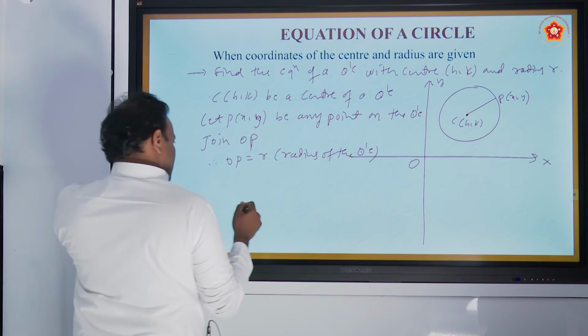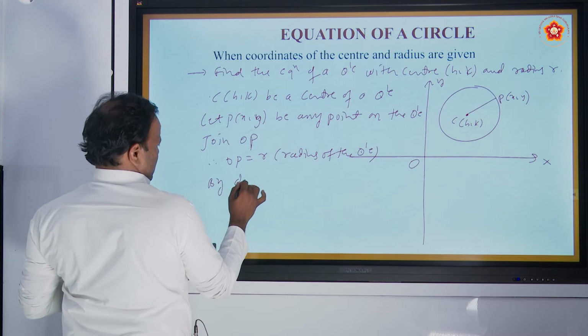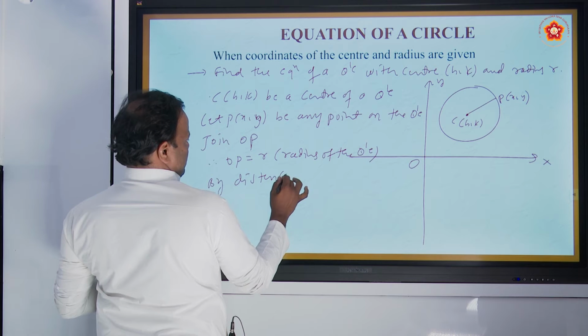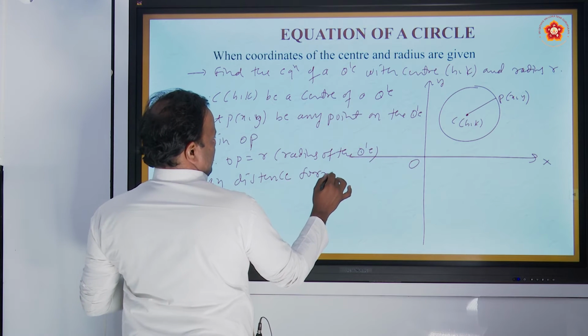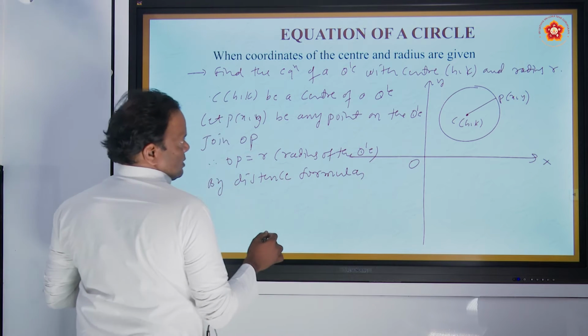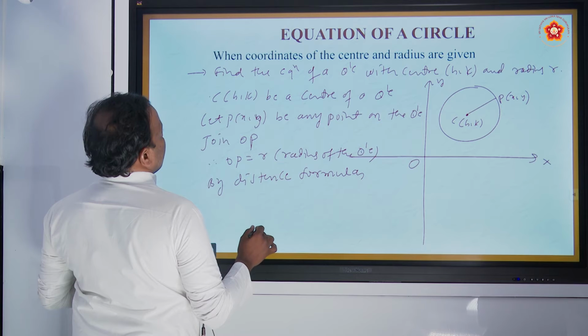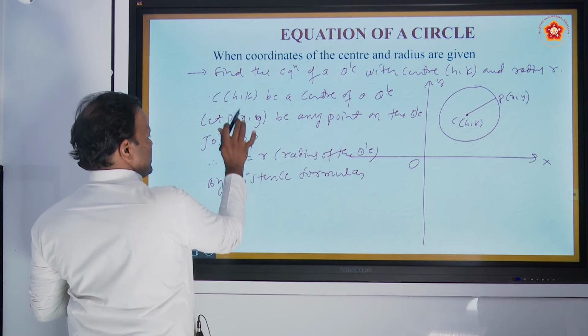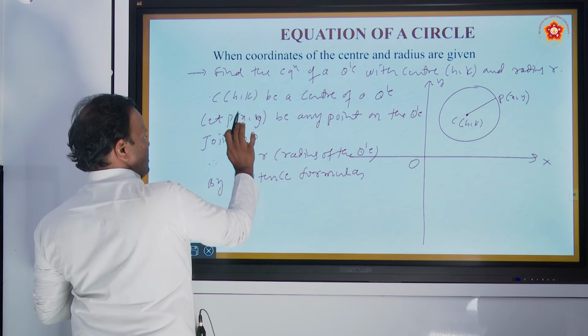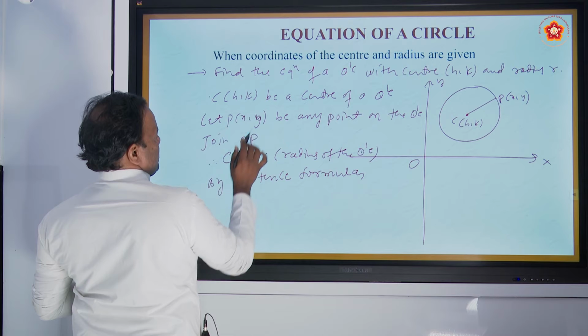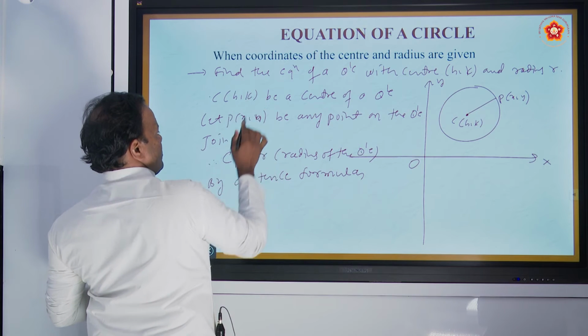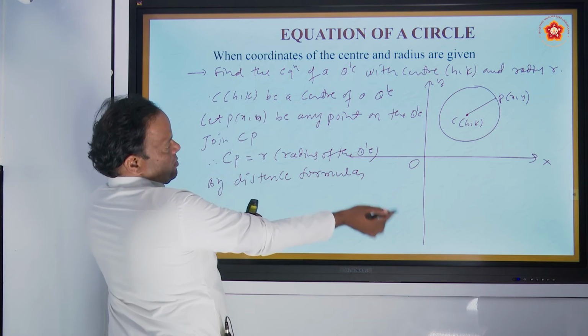Once again, by distance formula. What is distance formula? Not O, the C. This is CP, not OP. Join CP, not origin. CP, C is there, center.